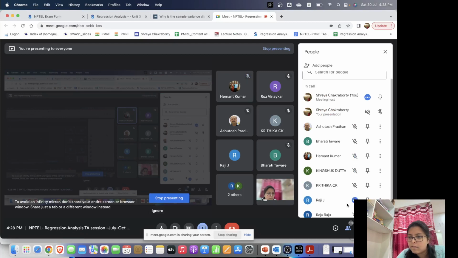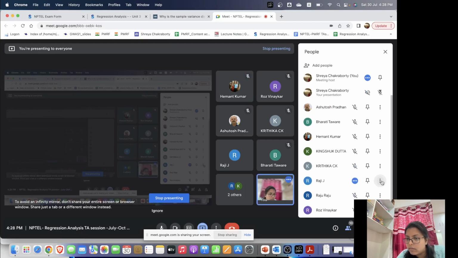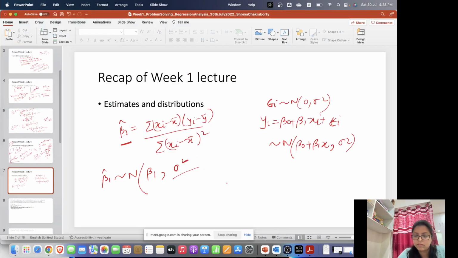Sigma square divided by the degree of freedom? No. This is SXX, where SXX is the summation of xi minus x bar whole square. Okay. This is the distribution of beta 1 hat.